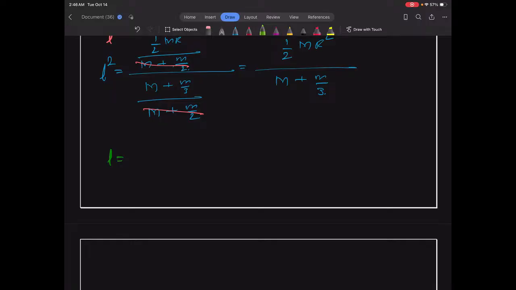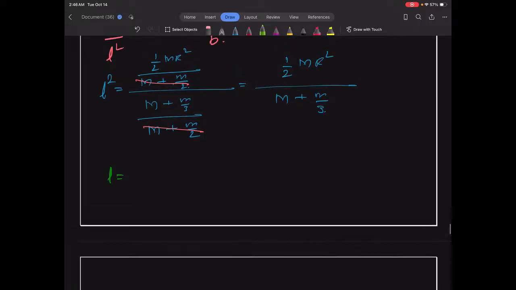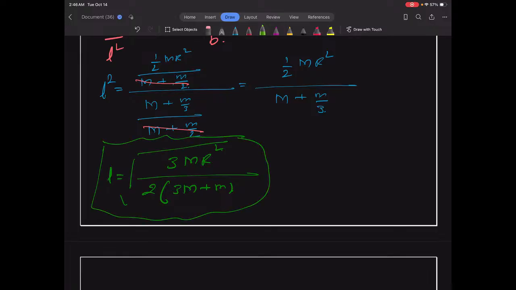We are interested in length L. We can solve this if we take 3 as our LCM, so L will be equal to the square root of 3 M R square over twice 3M plus small m. So this is our value of L, which we were supposed to find for the minimization of our time period.